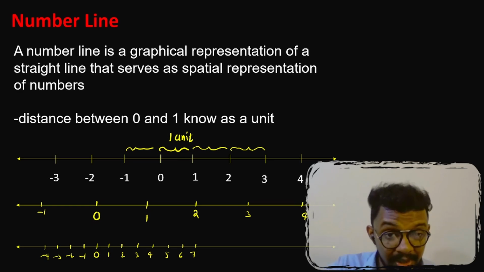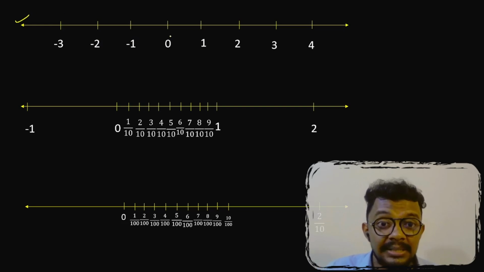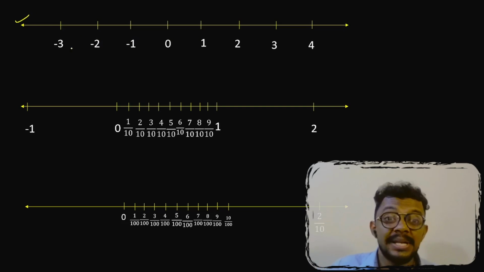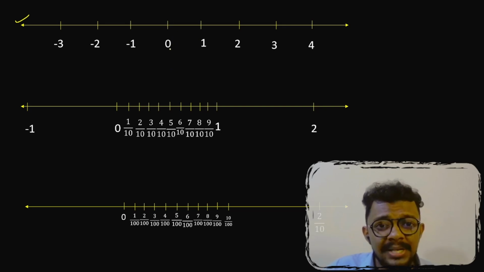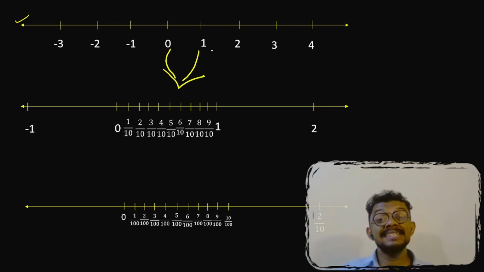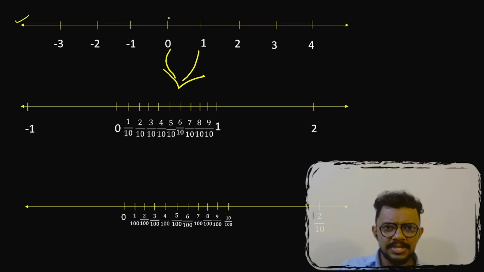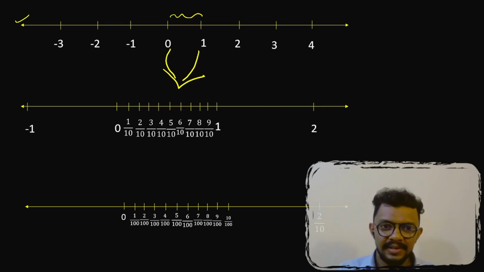Okay, in order to understand that, this will help. So this is a number line. We know that the unit is almost this: 0, 1, 2, 3, 4, etc. Minus 1, minus 2, minus 3, minus 4, etc. Now what I'm doing is zooming in on the portion between 0 and 1. This is a zoomed effect of the first one. This portion I'm cutting into 10 equal parts.